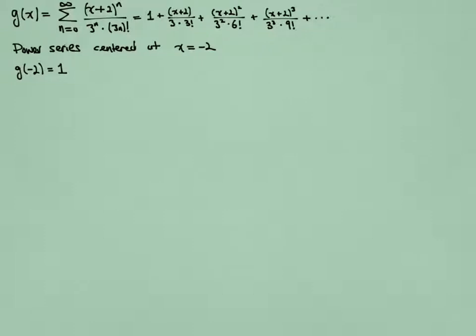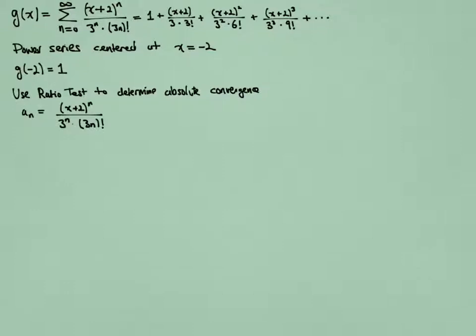The question becomes whether or not it converges for other values of x, and we're going to use the ratio test to check, and in fact we'll be checking for absolute convergence by using the ratio test. We'll begin by identifying the nth term of the series, so here I'm calling it a_n, my typical term in the series.